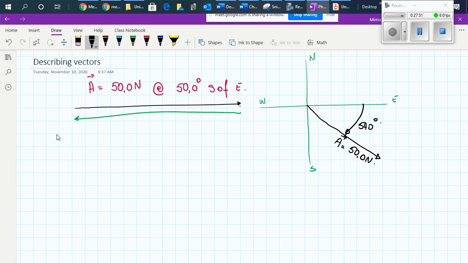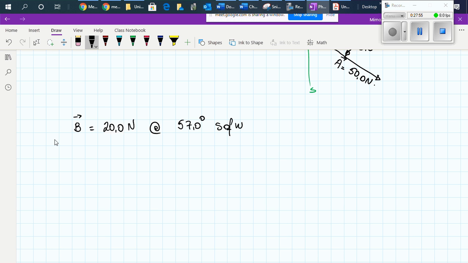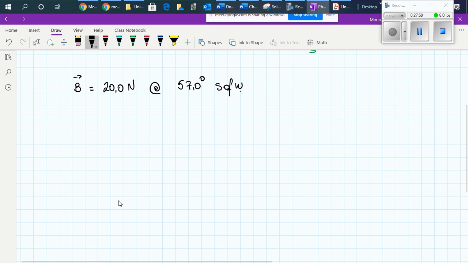Okay, let's take another example. Let's say that we are dealing now with a vector B that has a magnitude of 20 newtons at 57 degrees south of west. Okay, so the vector is between south and west.